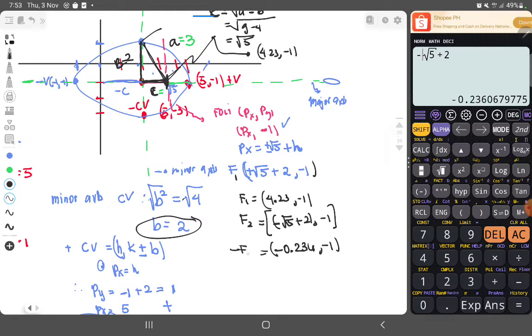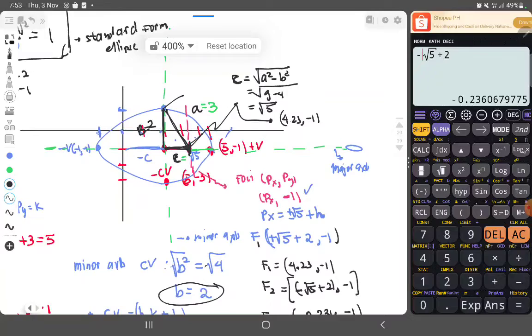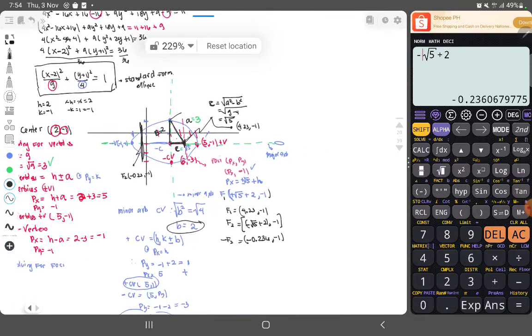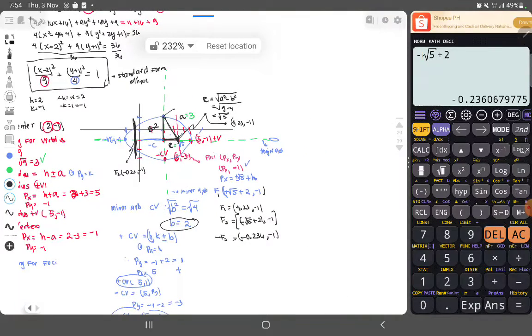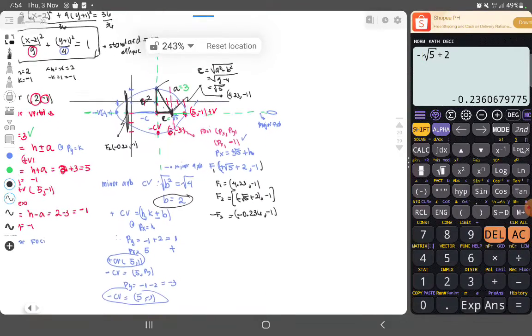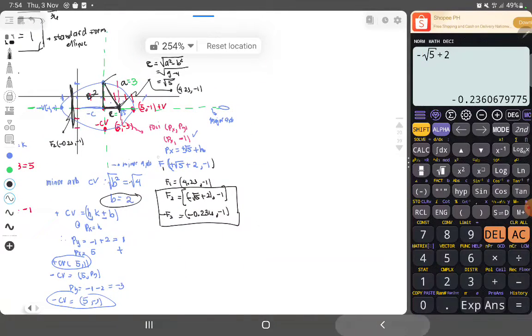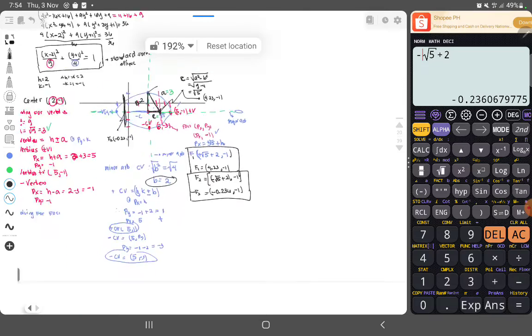So this is here, 0.23. So we have F2 equal to negative 0.23, negative 1. Maybe if you draw this accordingly, you will see the symmetry. So therefore these are our foci points, F2 and F1.